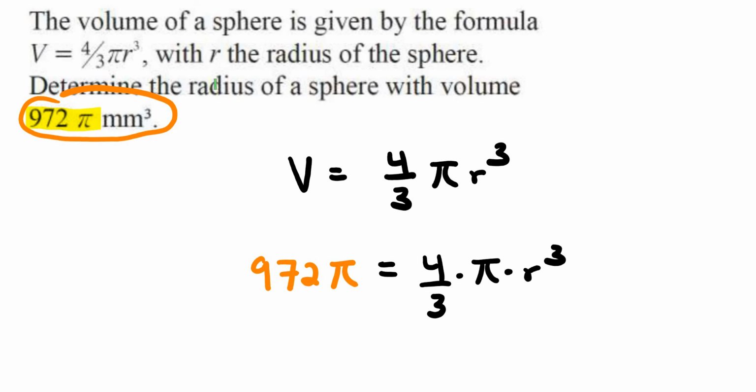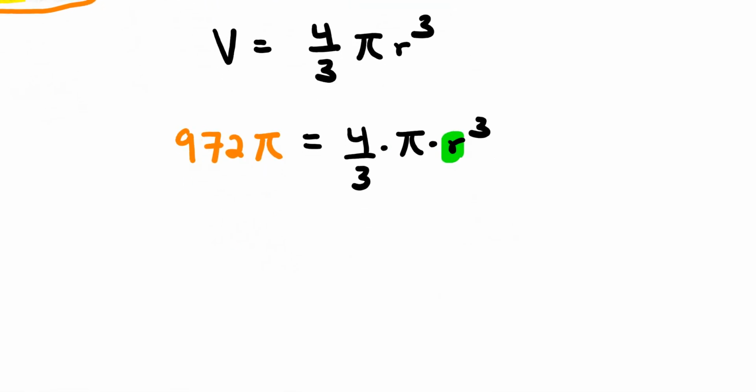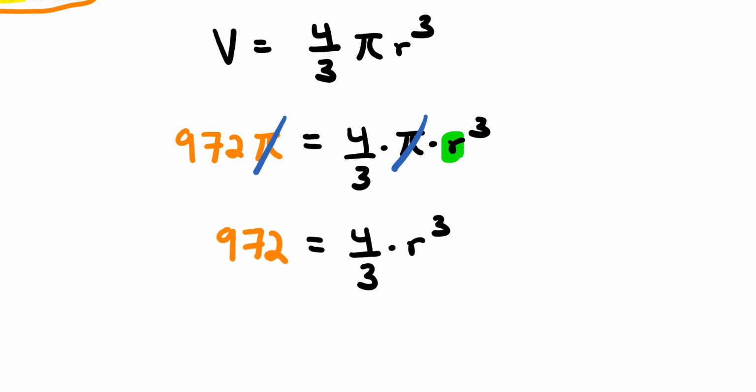And our goal is to find the radius, which is right there. Okay, so now we do a little bit of algebra here. This pi and that pi, they cancel off. So now I have 972 equals 4/3 times r cubed.